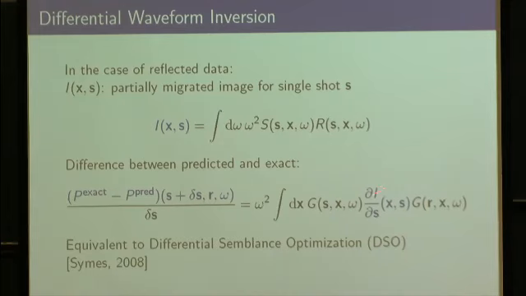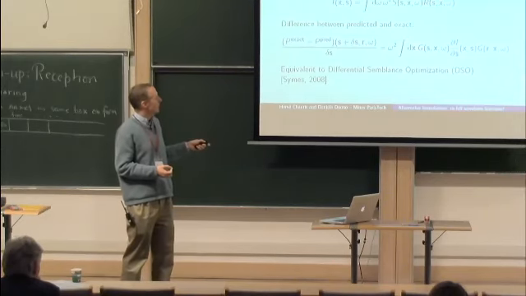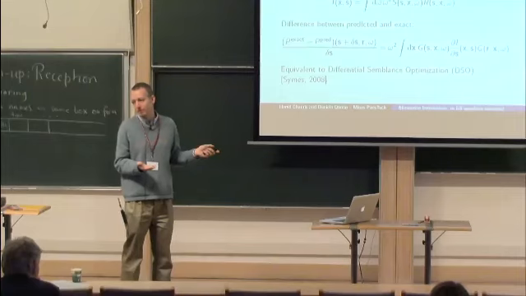Here you have some sort of semblance, and you differentiate with respect to the shot position. One of the main results is that you may have a formulation either in the depth domain or in the time domain, and here is exactly the equivalence. The equivalence is through the Green's functions that make the link between time and depth.